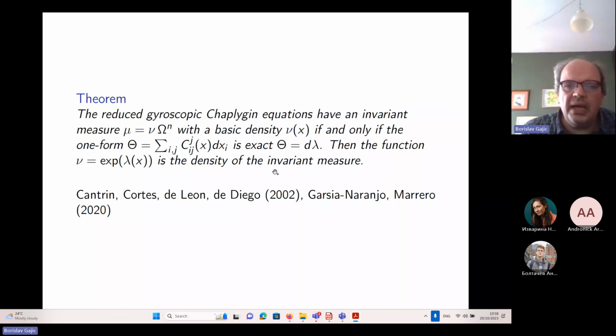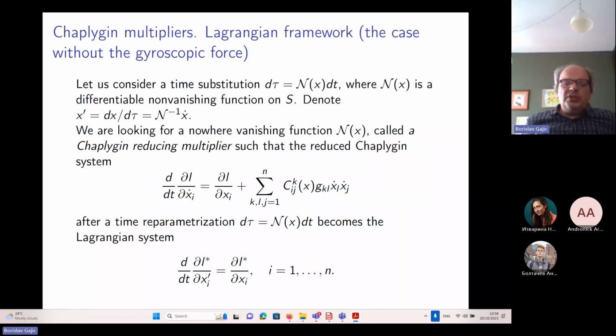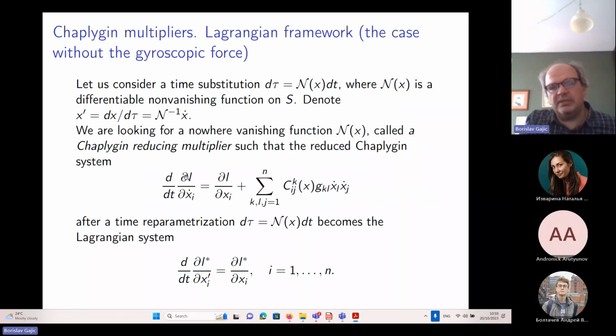Now the natural question, first posed by Chaplygin: when we have our equation of a non-holonomic system in Lagrangian form, is it possible to change the time, finding some function n, such that after changing of time, in the new time representation, this equation can be reduced to the classical Lagrange equations where L star is L given in new coordinates, with x prime instead of x dot.